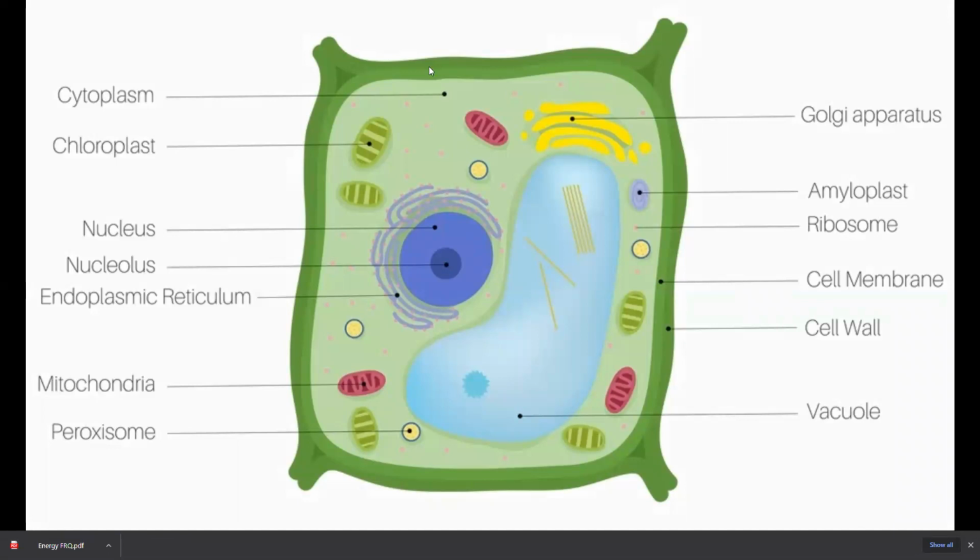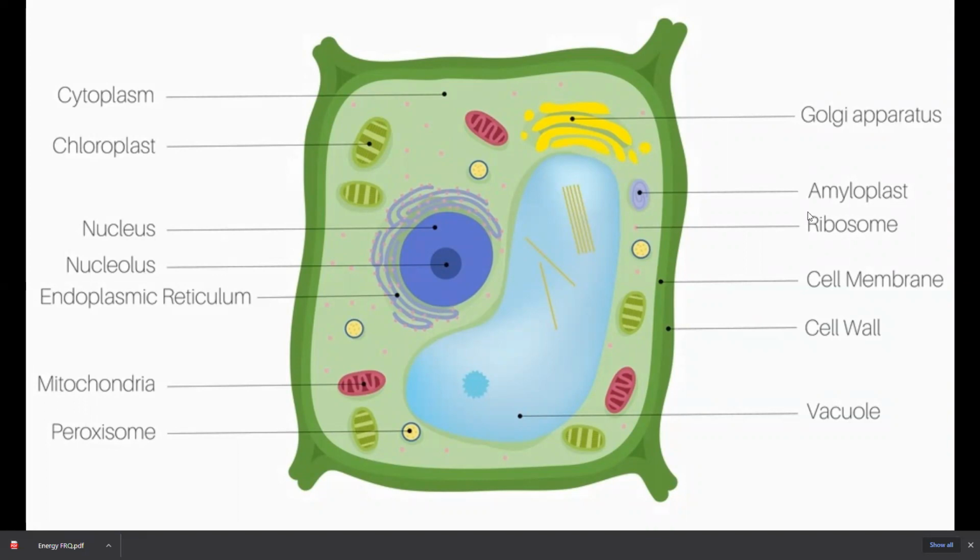photosynthesis. Now, this is our friend, the plant cell, and it has chloroplasts, which are the organelles responsible for photosynthesis. It's also got all the other fun organelles in the cell, including the mitochondria. Don't forget that mitochondria is also in plant cells. Some people forget. I'm sure you won't.